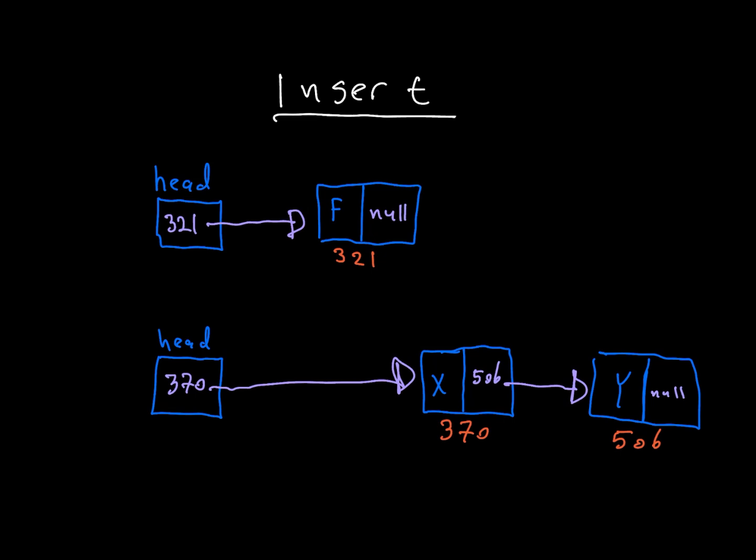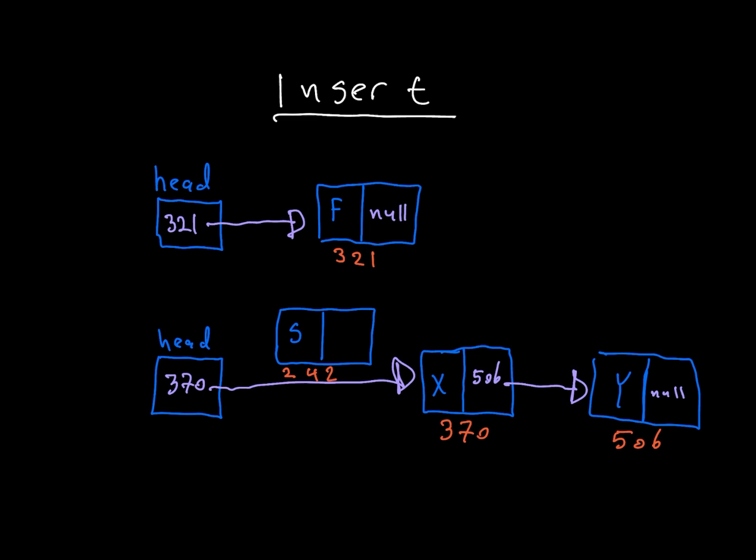Now, what would you do if you had nodes in your linked list and you're trying to insert? It's essentially the same process, right? You're going to create the node. Let's call it S, and it's going to be at address 242. You're going to set the next node address to be what's currently the head node, right?